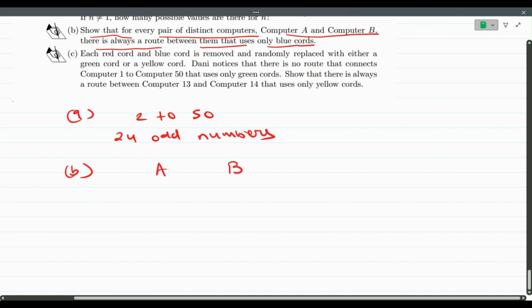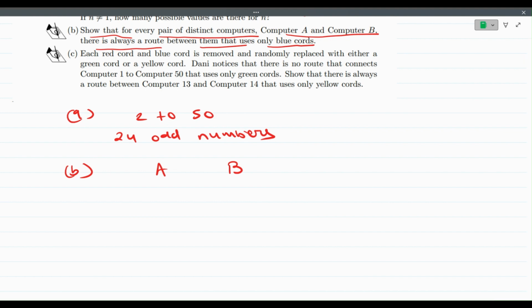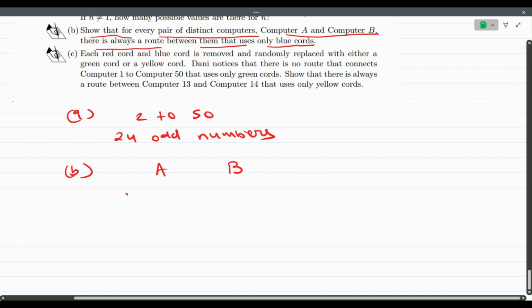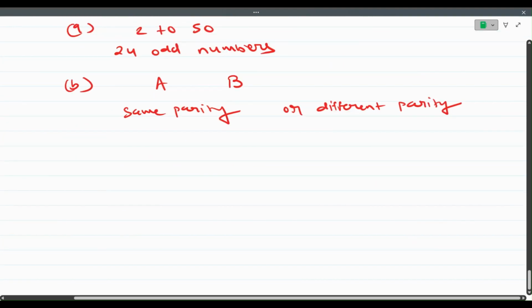So two things we can consider: either both are of same parity, which means both are even or both are odd, or they are of different parity, which means one is even and the other is odd. So we'll consider the first situation when A and B are of same parity.